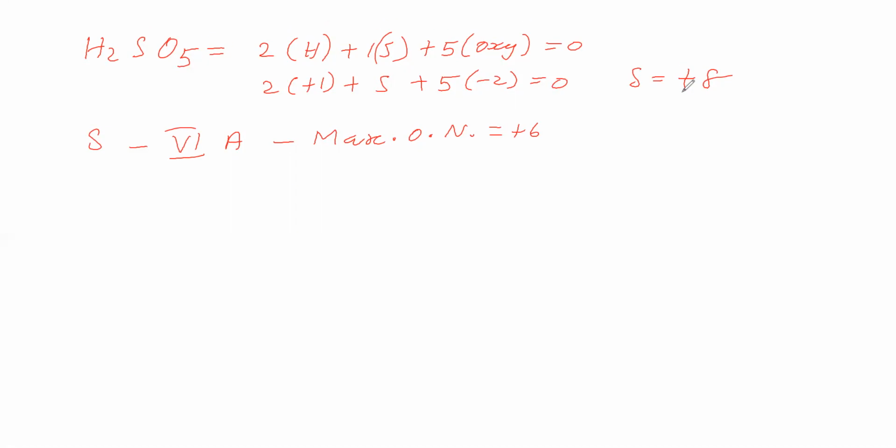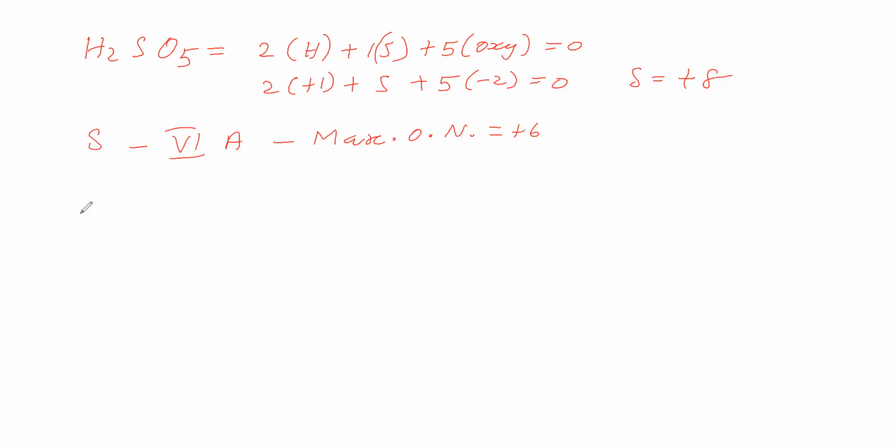Therefore this calculation says that out of the 5 oxygens, some are peroxides and some are oxides. To know how many oxygens are oxides and how many are peroxides, take the sulfur oxidation number as its maximum value.